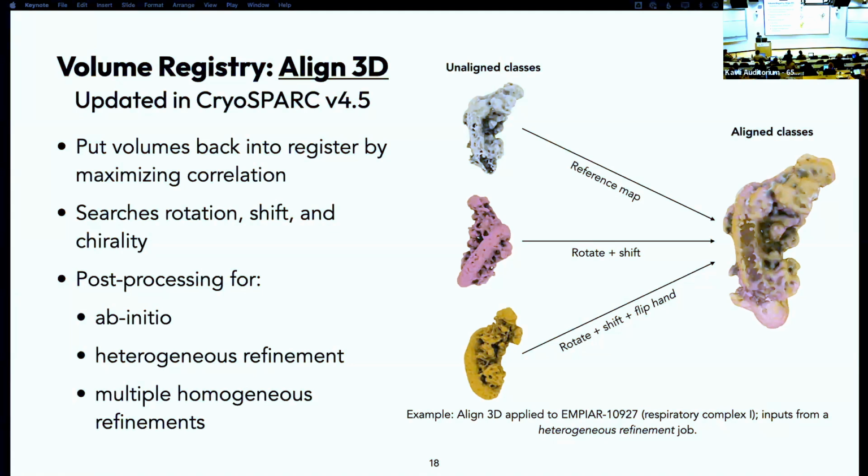Compared to the first map, the second map needed a rotation and a shift to be aligned, and the third map needed all of those plus a hand flip, or a chirality flip, to be aligned. Previously, we would have to correct this manually at the end of processing, but now Align3D can handle all of this. In CryoSPARC, we updated Align3D in version 4.5, and it uses a more robust alignment algorithm and also has some memory improvements.